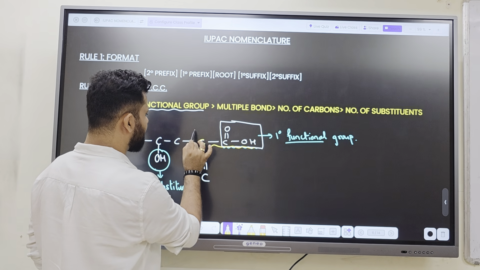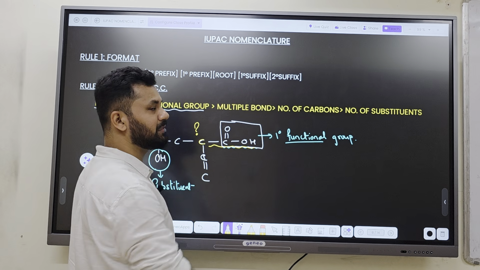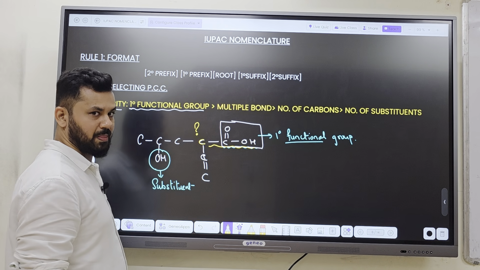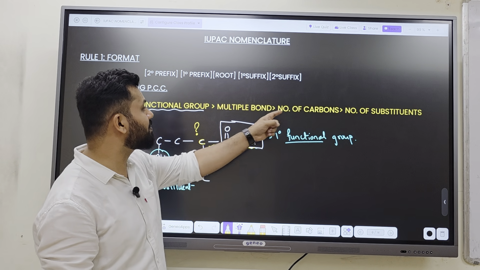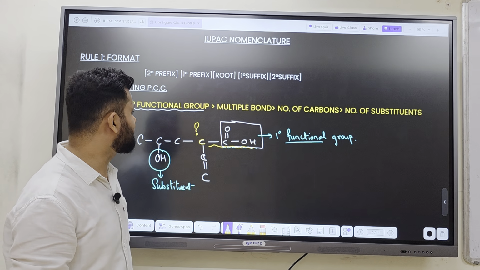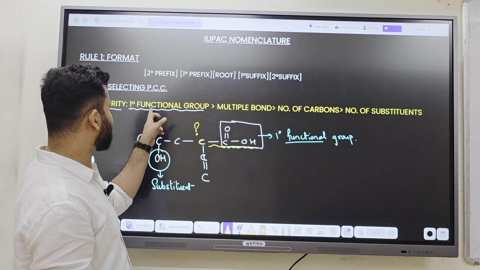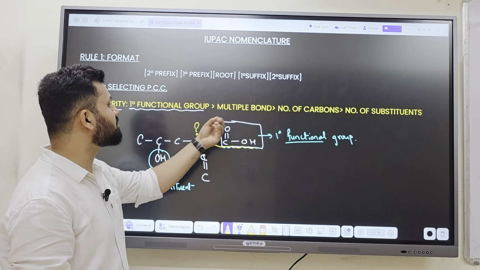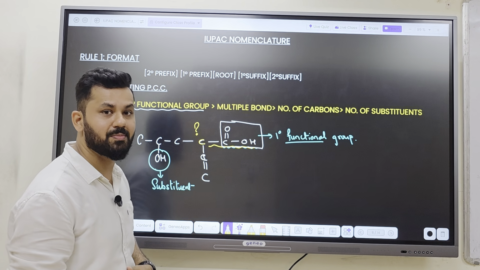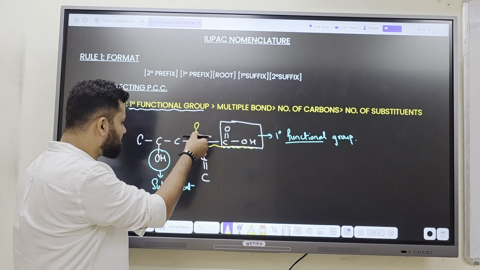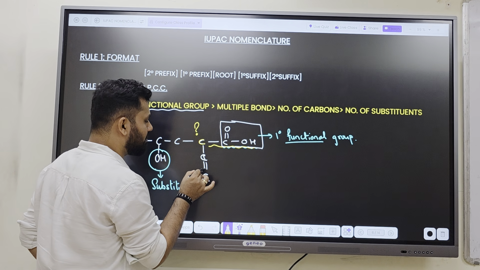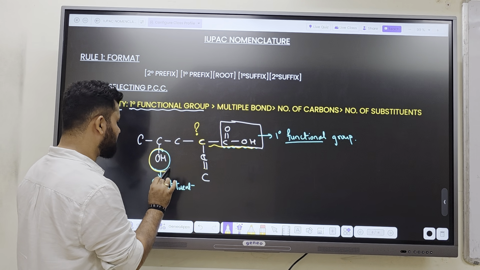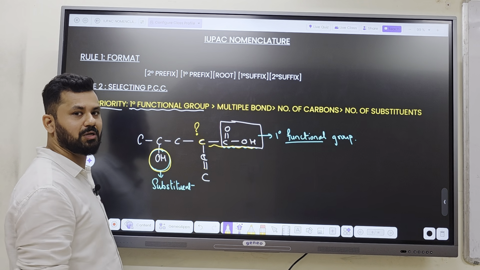Now at this carbon, we have to make a decision whether to go straight or whether to go down. In that case, we will refer to our priority list. We will say, after the functional group has already been included in PCC, my job is to see to it that I have multiple bonds, as many as possible. So if I go straight, I miss out on this double bond. So I cannot move straight. Now you will have a doubt. Sir, but OH, the functional group, is there. No, this is no more a functional group.